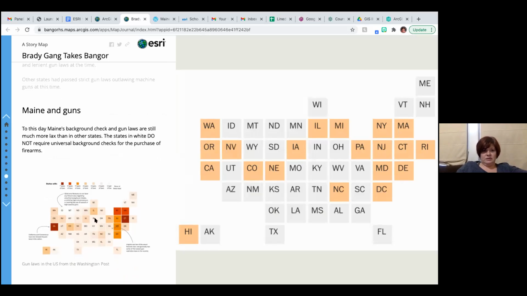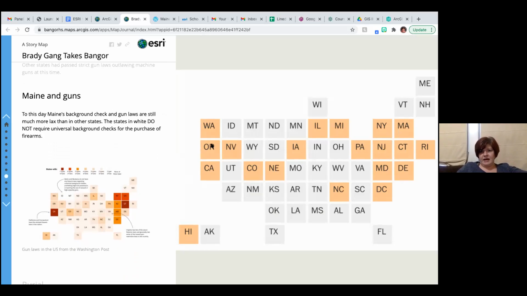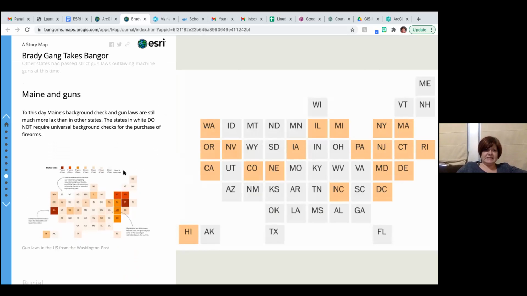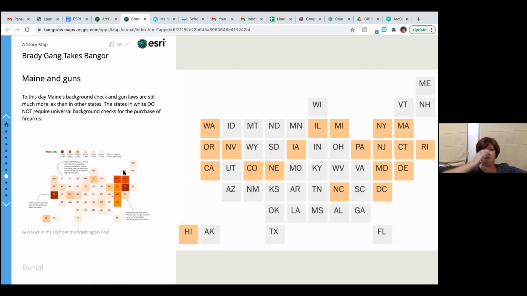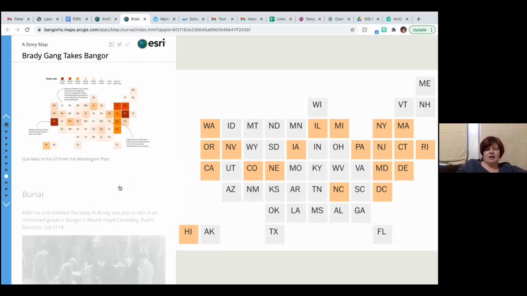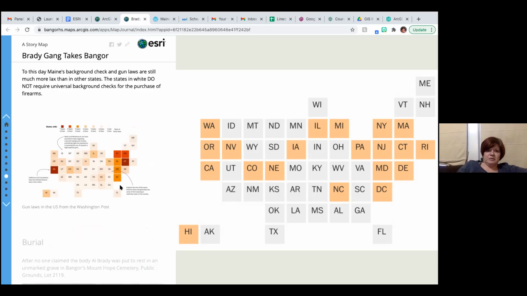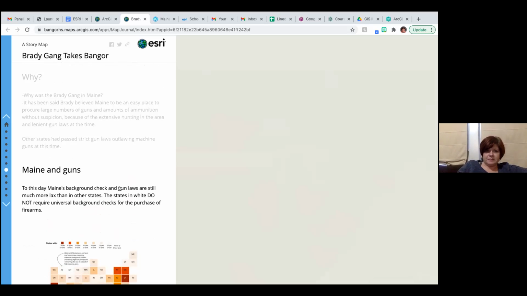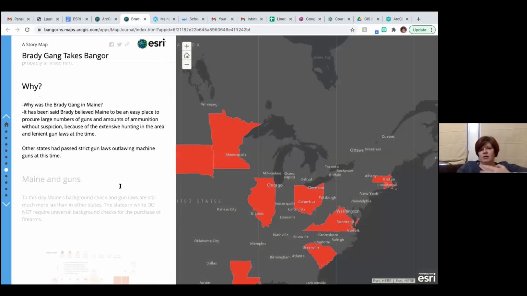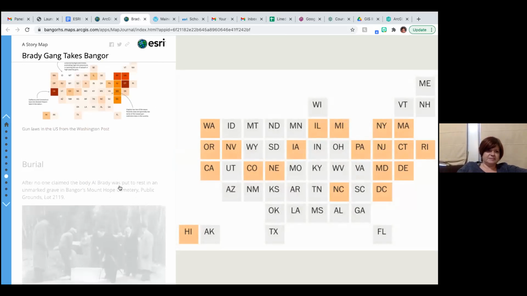So she also looked at what states did have gun laws. To this day, Maine's background check and gun laws are still much more lax than other states. So I really wish she had dived more into that analysis on the gun laws to be able to map that out even more. But I really liked where her mind was going with this.